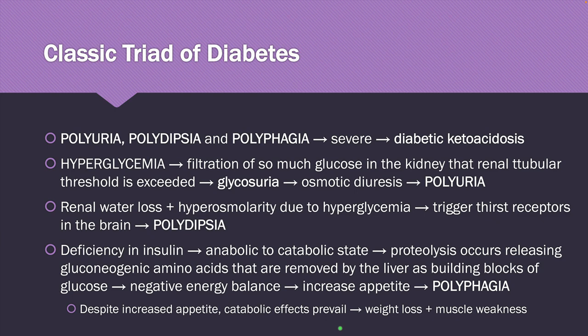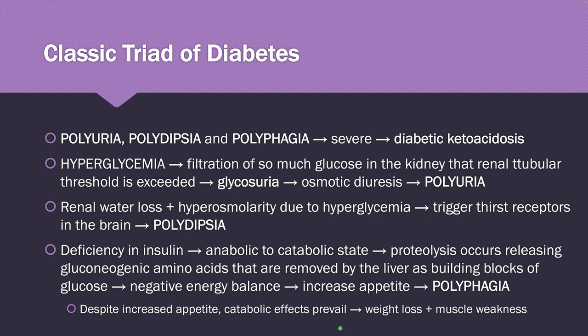Meaning, your kidney can no longer filter the glucose. So, you have excess glucose that needs to be excreted, which you call glycosuria. And by virtue of osmotic diuresis, it will favor water retention in the tubules, causing polyuria. You urinate a lot.